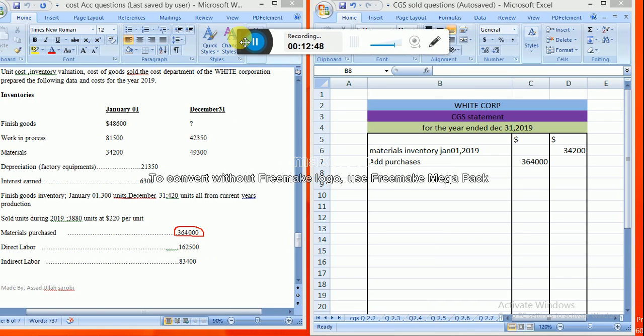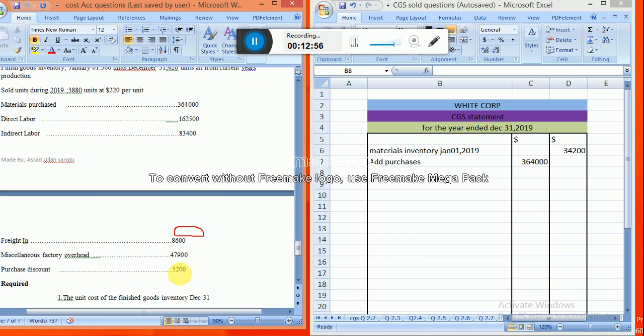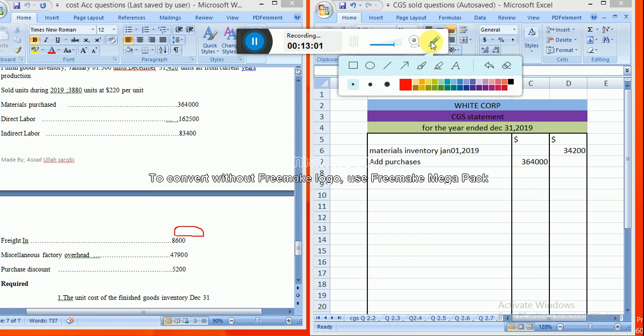If you studied the question carefully, here in the question, purchase discount 5,200 is also given. The last one here, purchase discount.